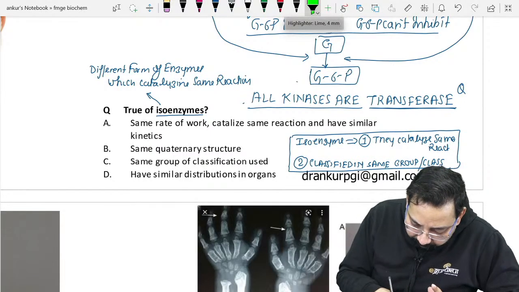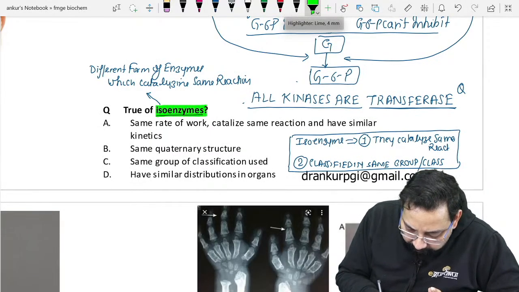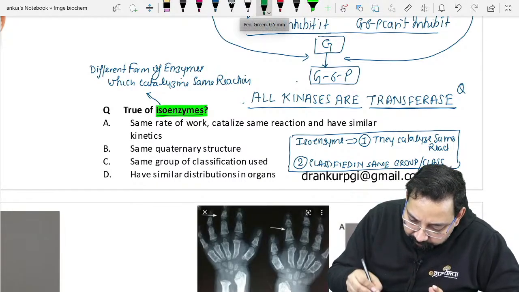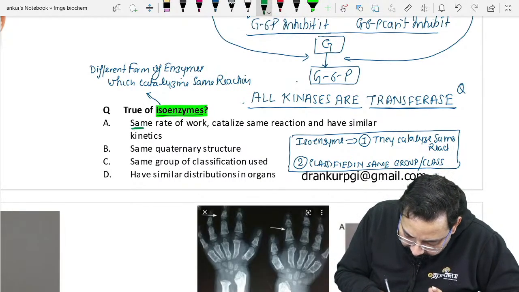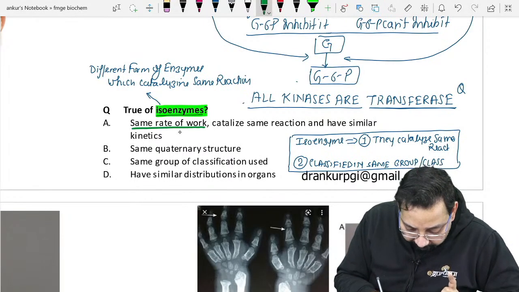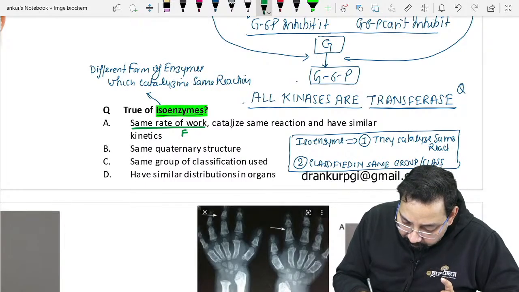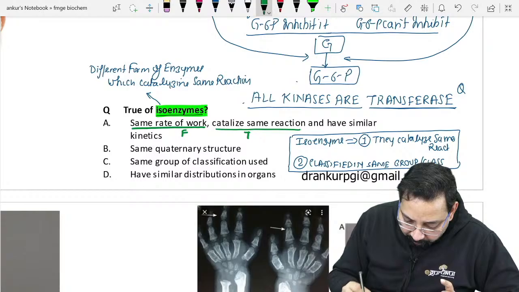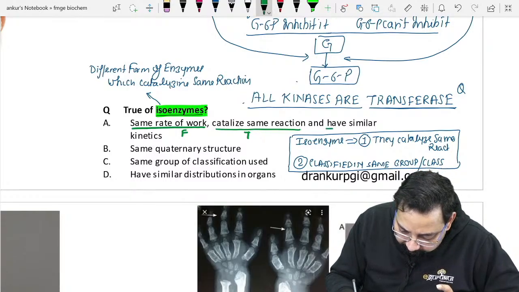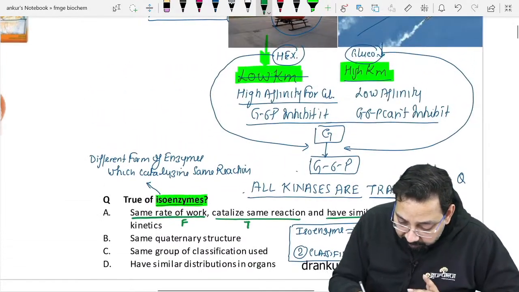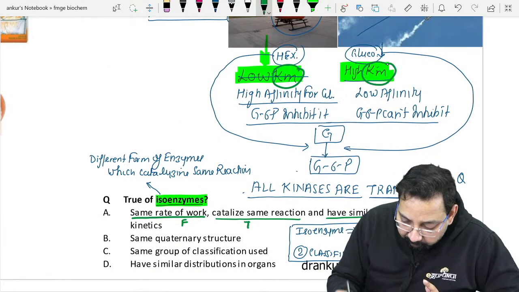True of isoenzyme: same rate of work? No, rate of work may be different. This is false. Catalyze same reaction? This is true. Have similar kinetics? No, their kinetics may be different, just like Km value may be different.